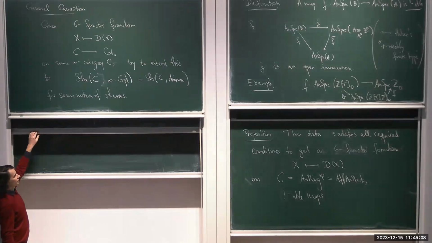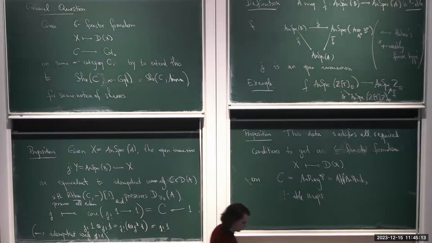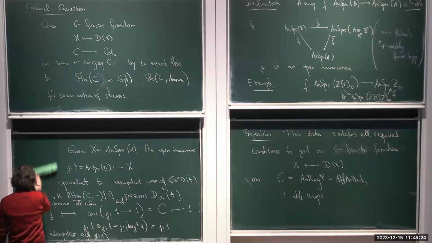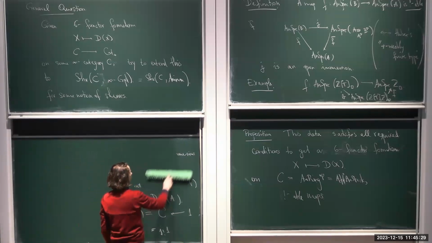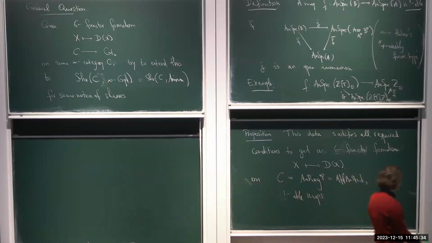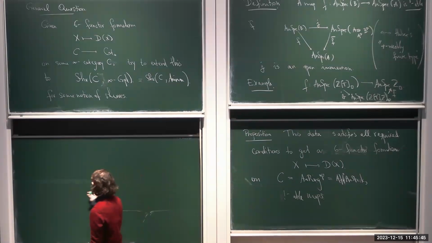And this in particular was maybe the original question that Liu and Zheng were interested in, when they wrote their paper on six functors. They wanted to extend the six-functor formalism from schemes to Artin stacks or higher Artin stacks, something like that. They proved some general results about how one can go about extending such six-functor formalisms from one category to a bigger category.